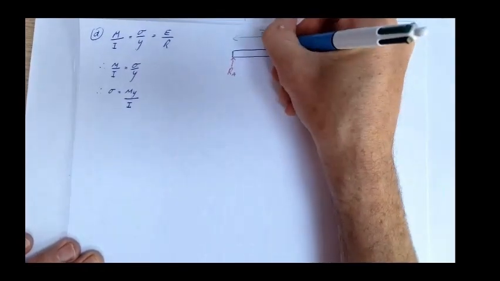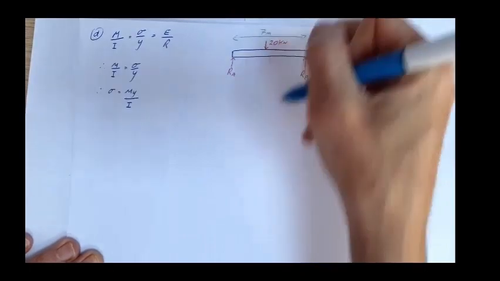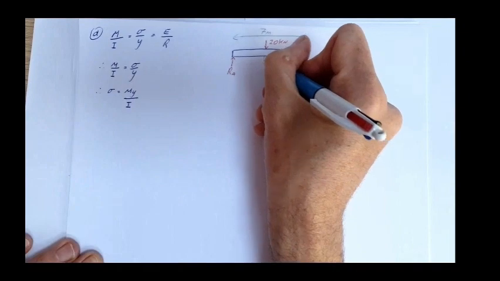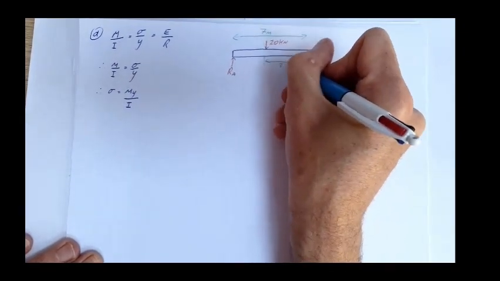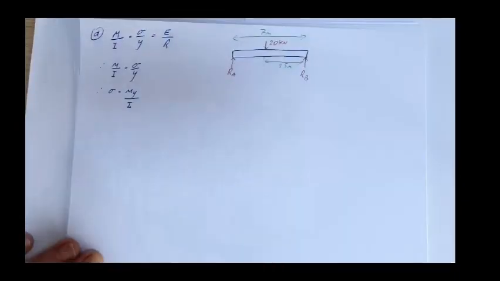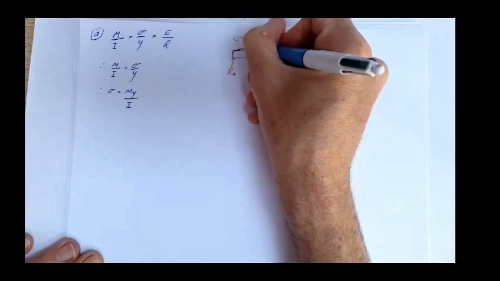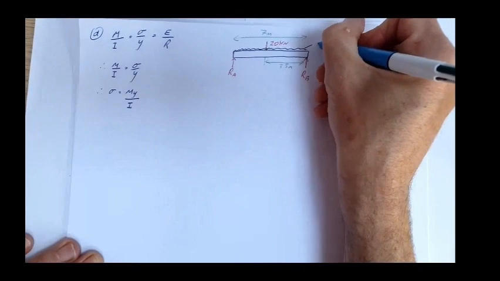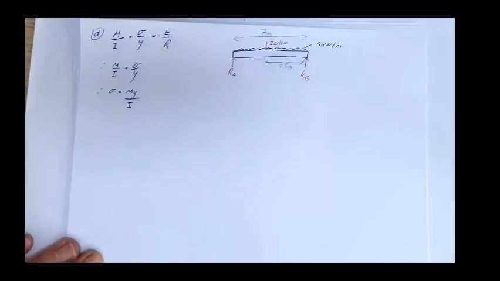We've got our 20 kilonewton load sat in the middle, such that this distance here is 3.5 meters. And on top of that, we've got our uniformly distributed load of 5 kilonewtons per meter. So the first thing we're going to have to do is calculate M.